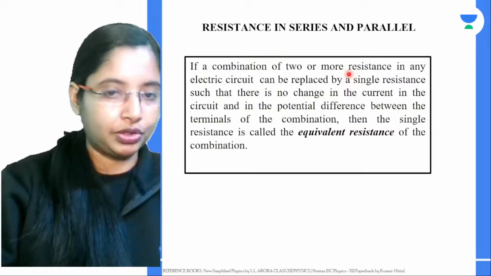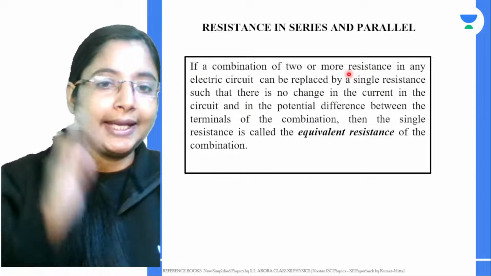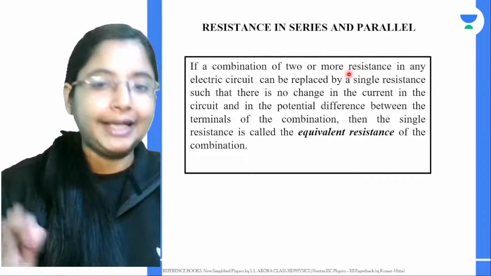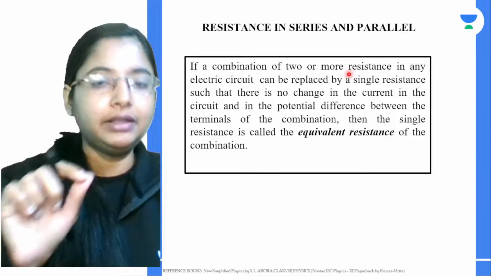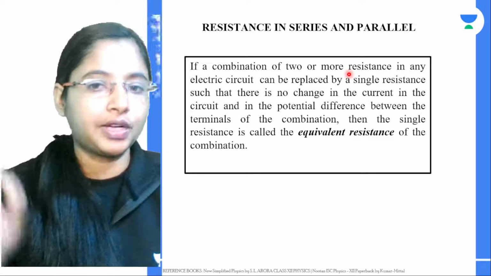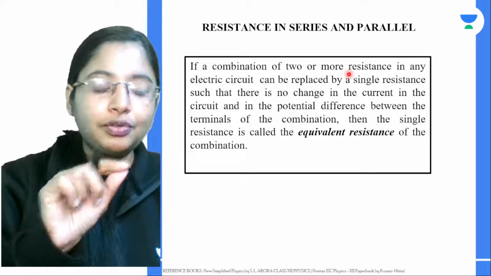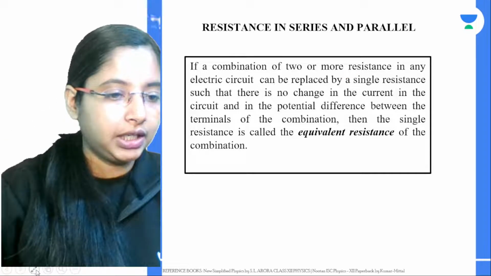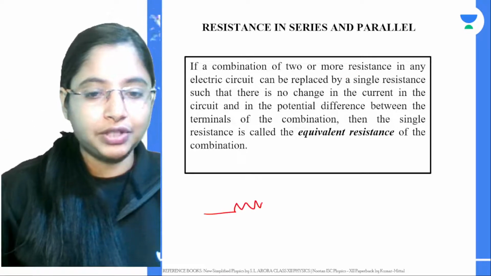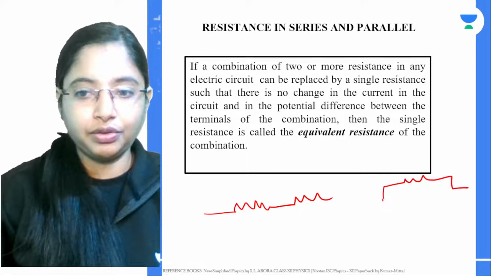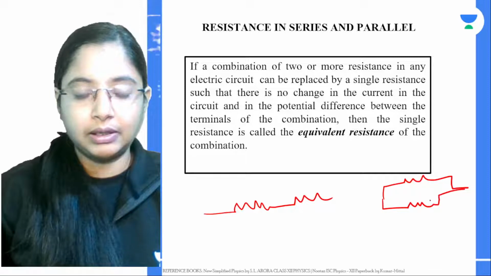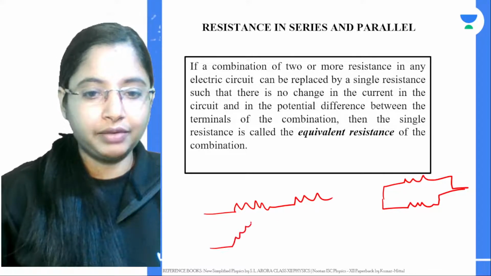unit is ohms. Okay, now in any electrical circuit that you take, there will always be combinations of resistors. We may not just use one resistor, we might use 3, 4, or many resistors. Let's say in a circuit we have such a combination of resistors.